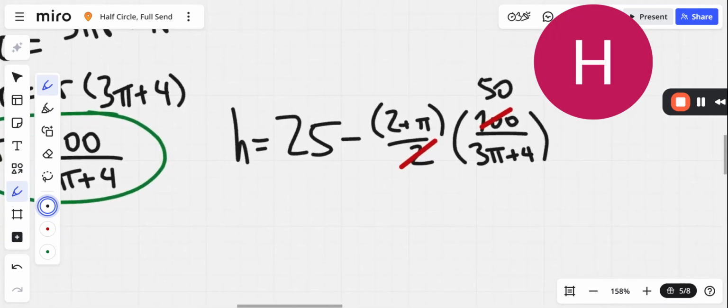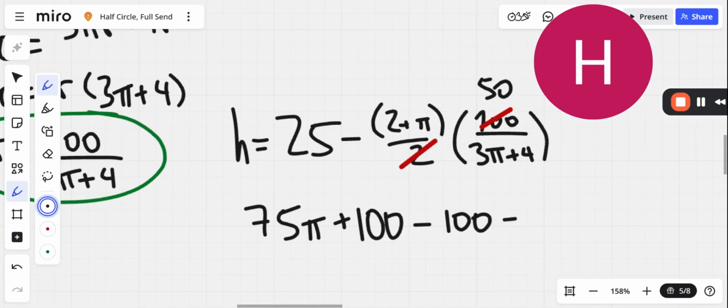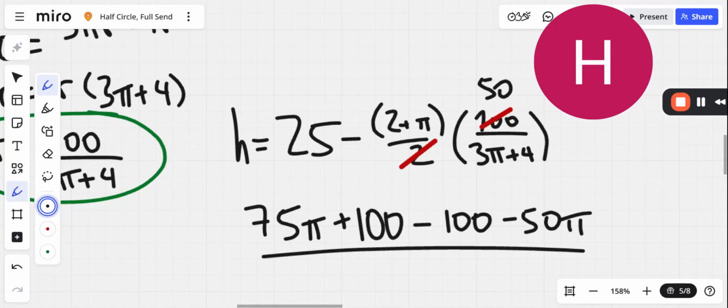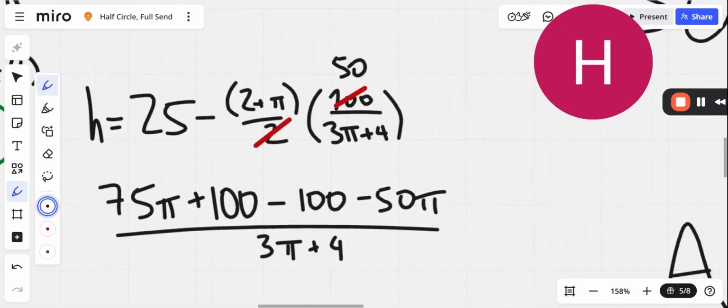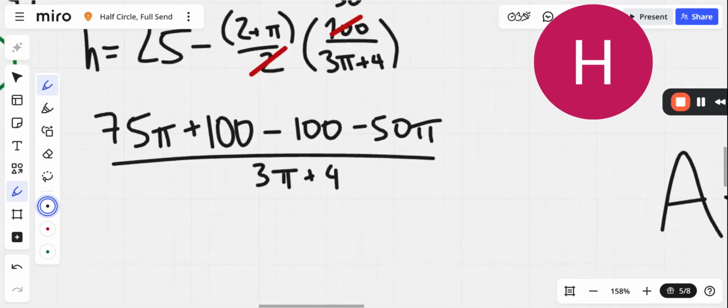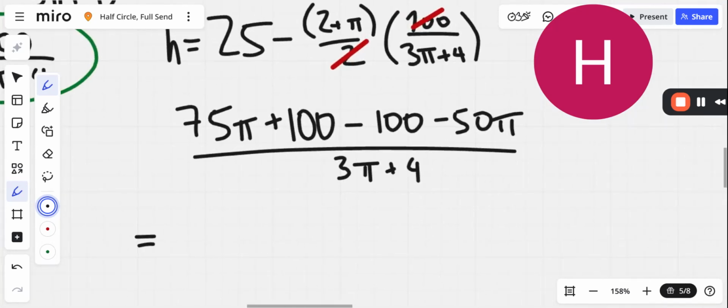And again, if we want to get a common denominator, we could multiply this by 3 pi plus 4. So we get 75 pi plus 100 minus 100 minus 50 pi all over the common denominator of 3 pi plus 4, which is going to leave me with 25 pi over 3 pi plus 4.